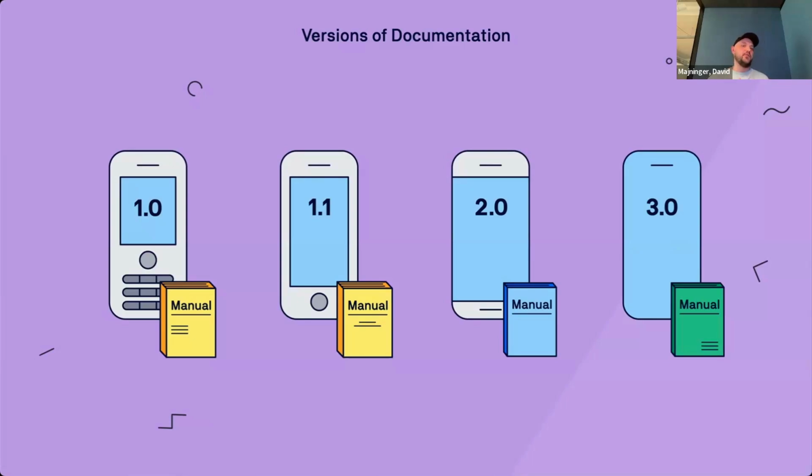Now, on the other hand, if you're documenting a software as a service product, which is updated for everybody using it all at once, then versions, at least in the public documentation, are maybe not necessarily required, but they can still be massively useful internally. So you can do bigger rewrites, reworks, or just edits of your documentation without those changes spilling over into any public contexts like your help center.